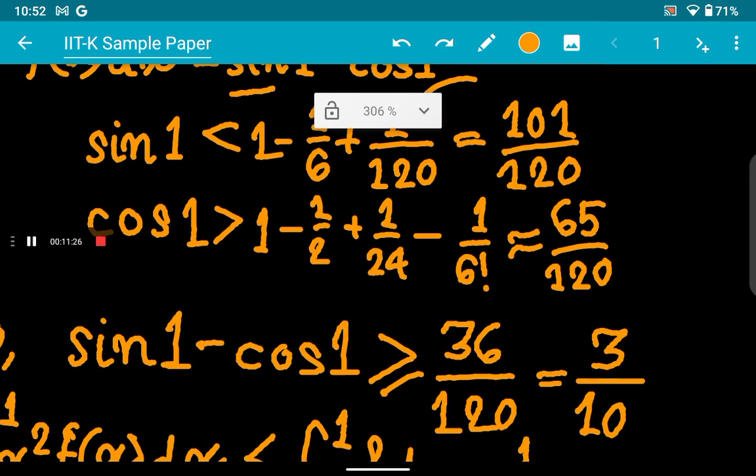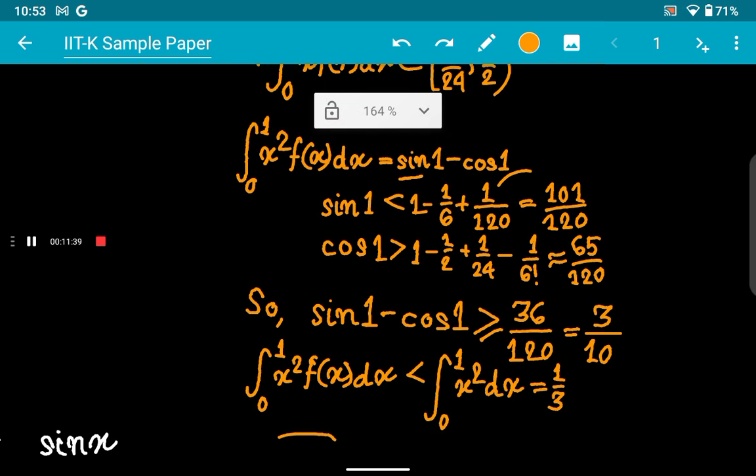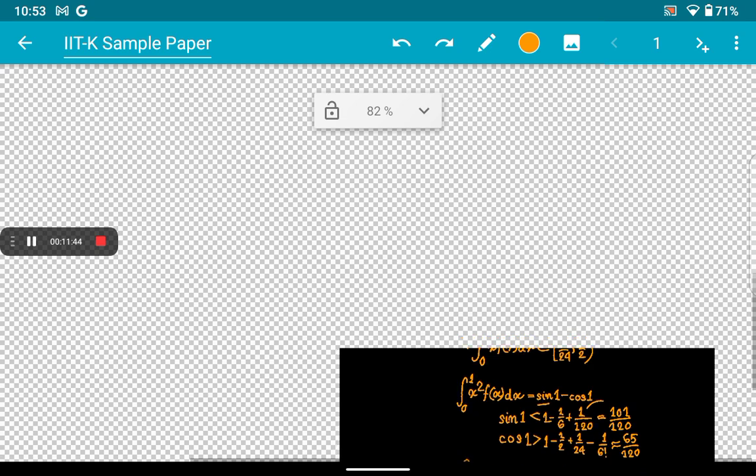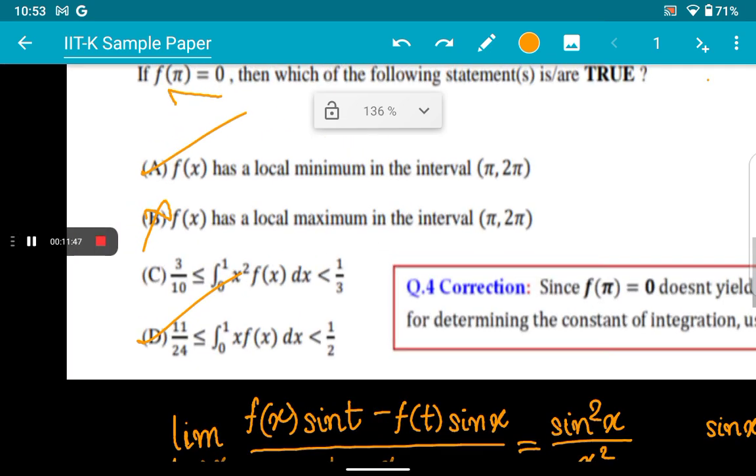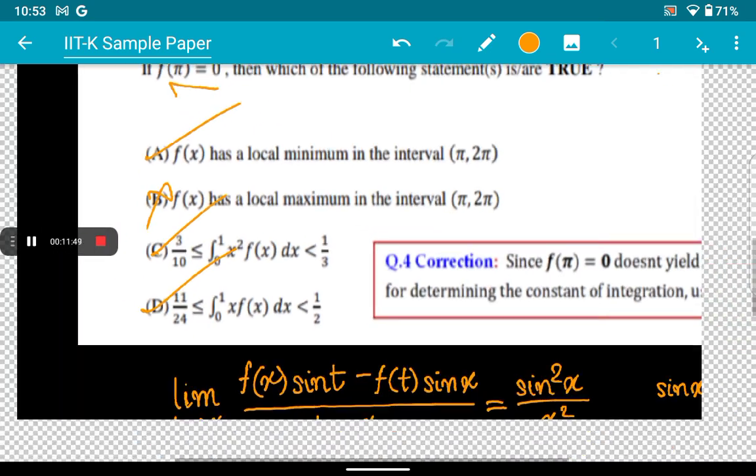So sin 1 minus cos 1 is basically 101 minus 65 divided by 120, which is 36 by 120, equal to 3 by 10. So we also have the range of this integral: it lies between 3 by 10 and 1 by 3. From that, option 2 becomes correct.